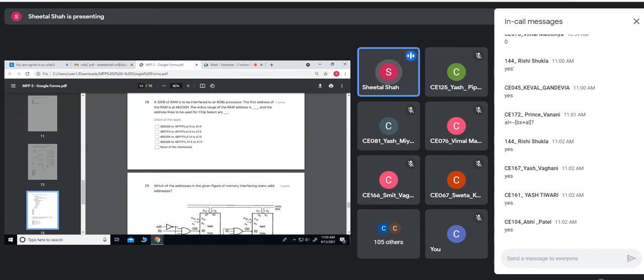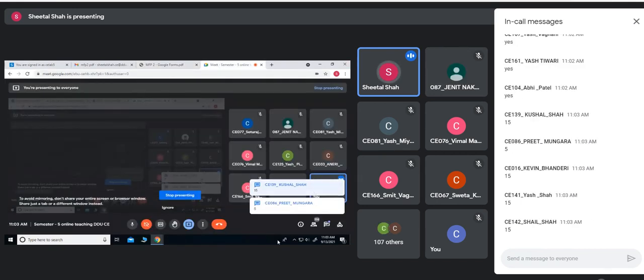That we have to find out. As we have 32 kilobytes, how many address lines would be required to address this 32 kilobytes? It should be 15.